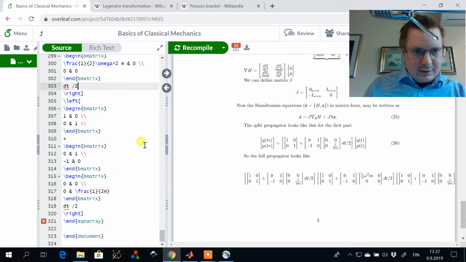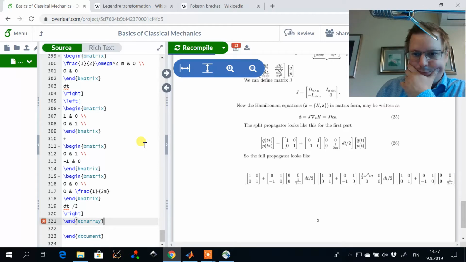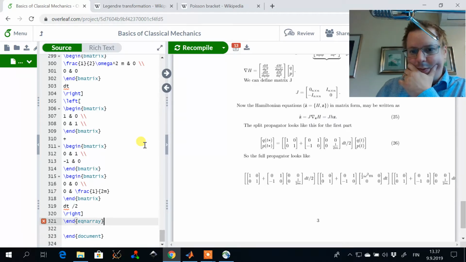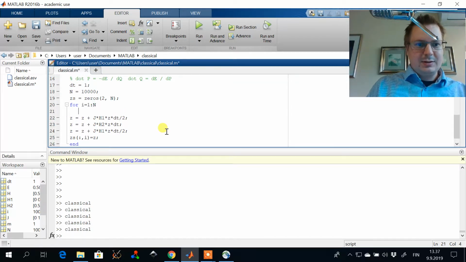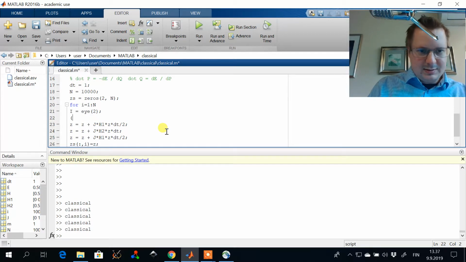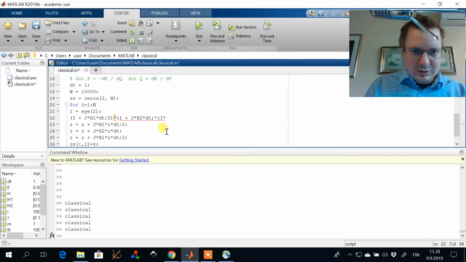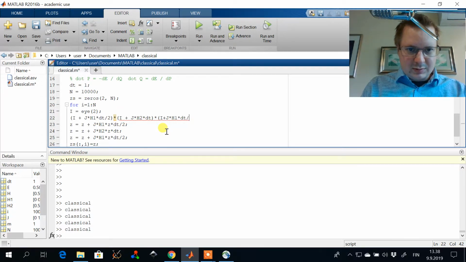We could explicitly calculate this one, but let's not do it right now, but let's just calculate it explicitly here. So we have defined identity, so we have identity times J times h1 times dt divided by square root times I, then plus J times h2 times dt times I times plus J times h1 times dt.